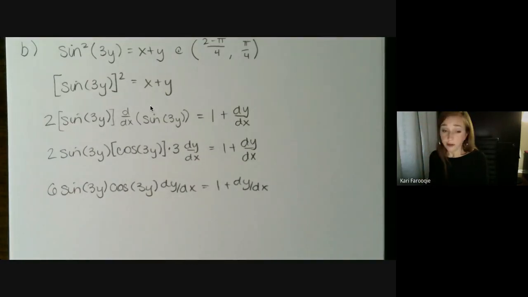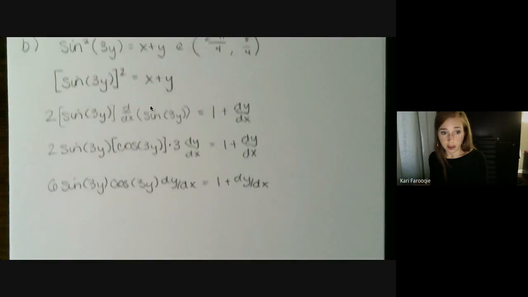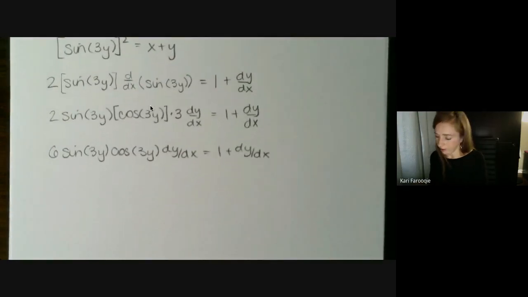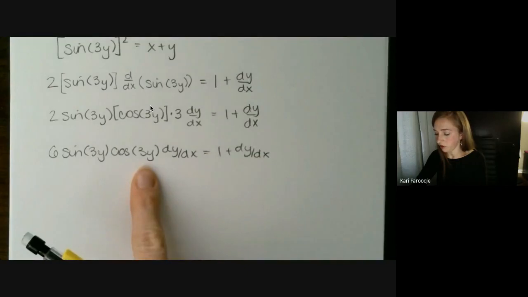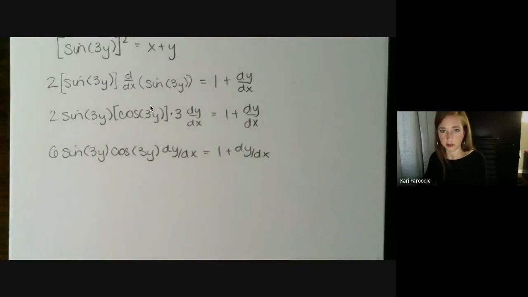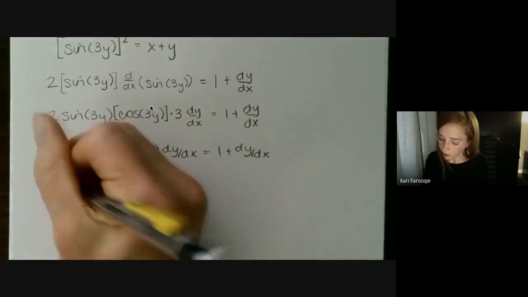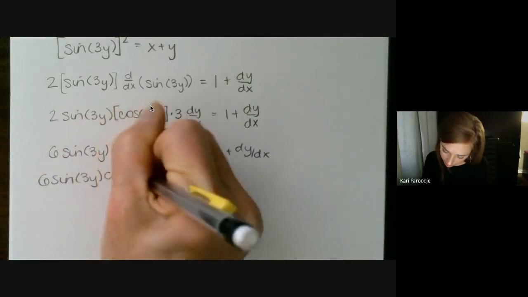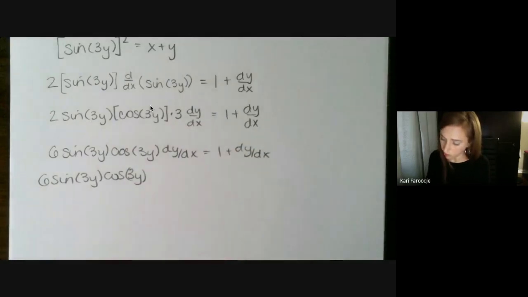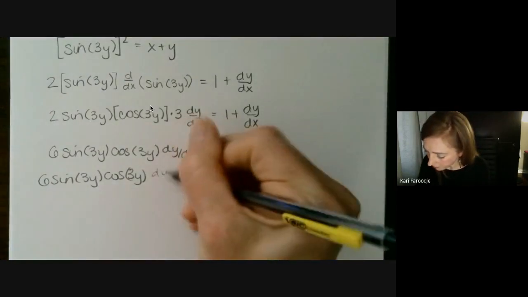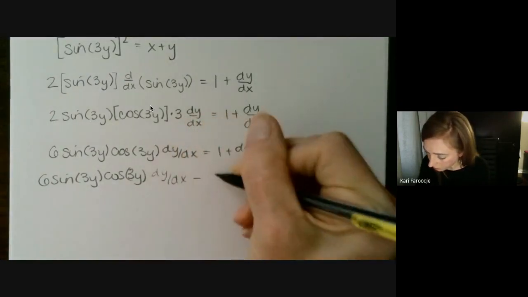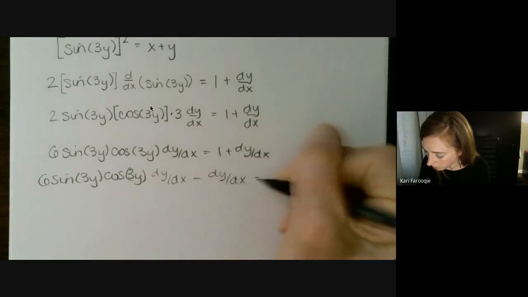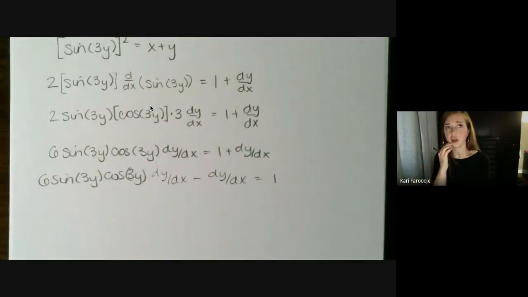I also need to have all the dy dx's on one side. So I'm just going to move this one over. It doesn't make sense to move them to the right and then move the only constant I have to the other side. So I'm going to write this as 6 sine 3y cos 3y dy dx minus dy dx equals 1. Change the sign, change the sign.